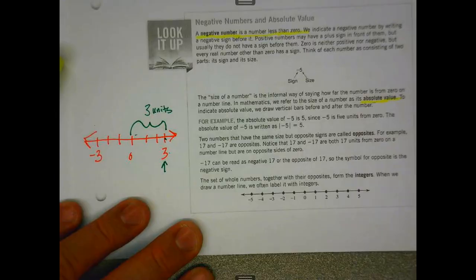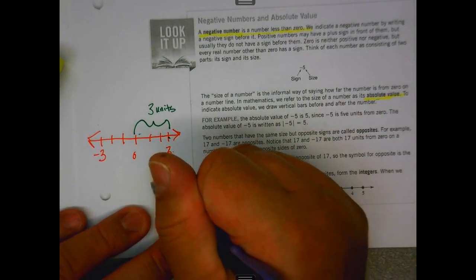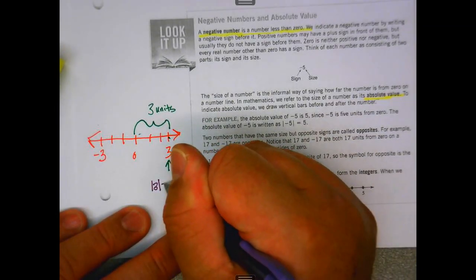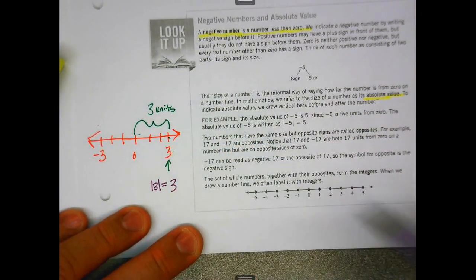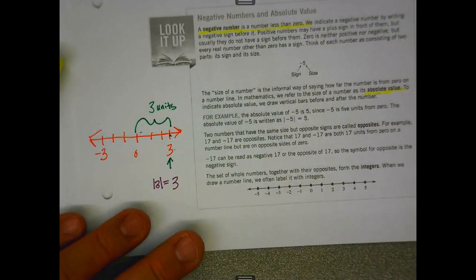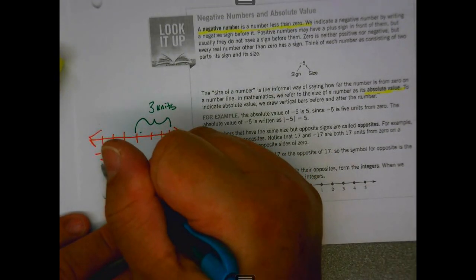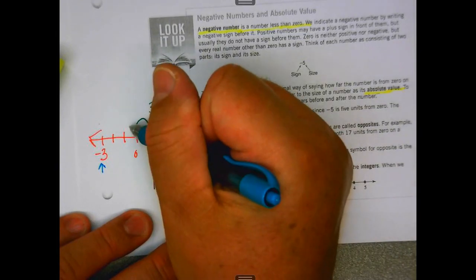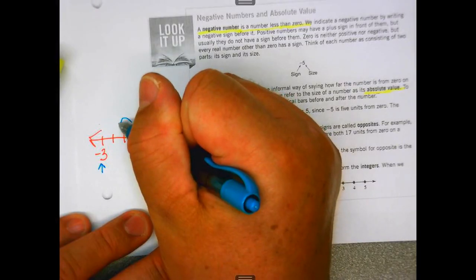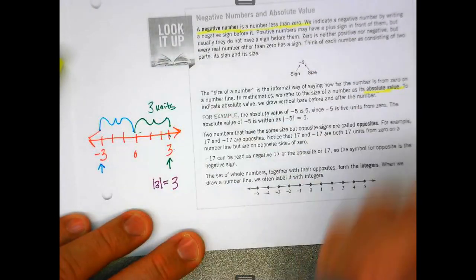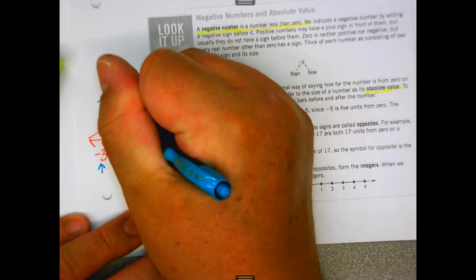Let's look at -3, the location -3. It's also 3 units from 0. So the absolute value of -3 is also 3.